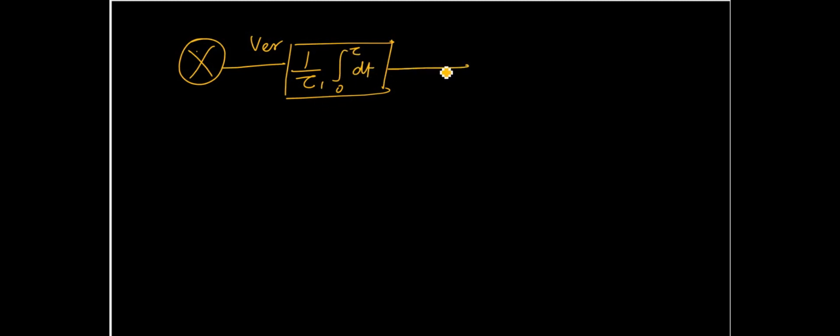So what we have to do, let me go to the next slide. Okay, we have to use an integrator. There is V error, and now we are using an integrator, and then we are getting an amplified version of V error, Kvco by s.